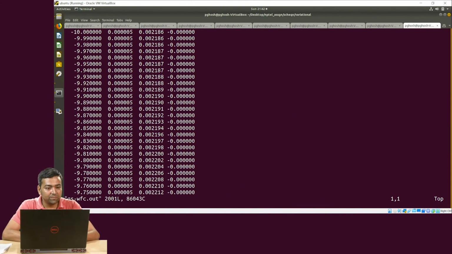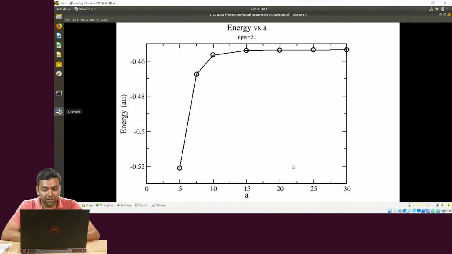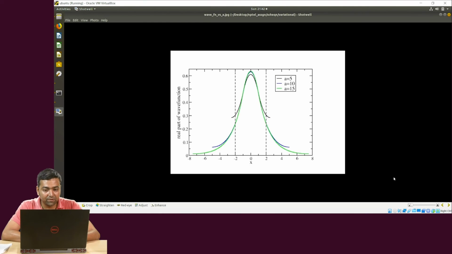The first column contains the value of x, the position. The next column contains the value of the probability density, this column contains the real part of the wave function, and this column contains the imaginary part of the wave function. Let me just show you the plots.